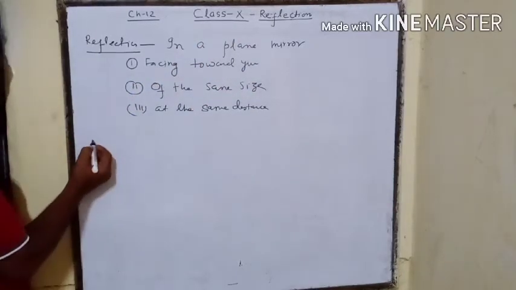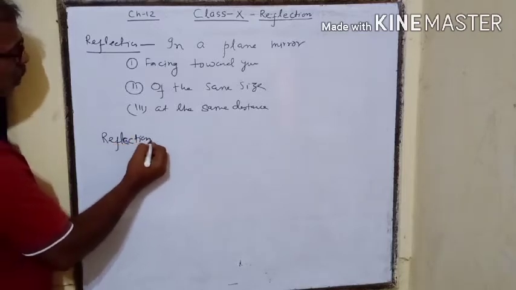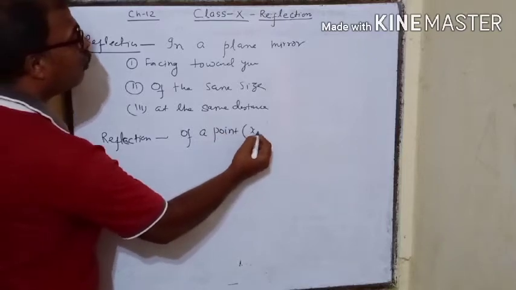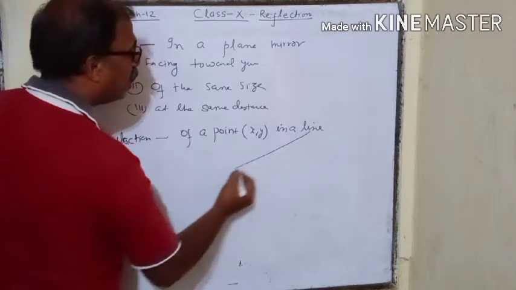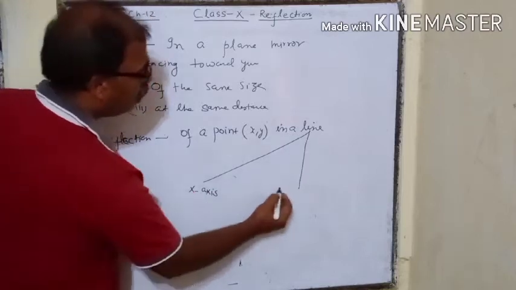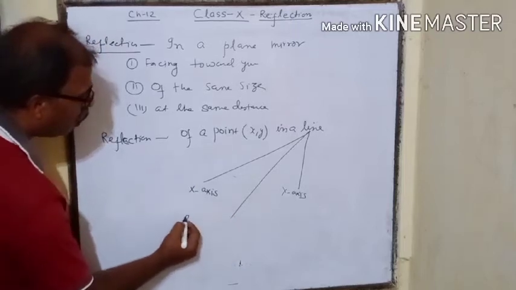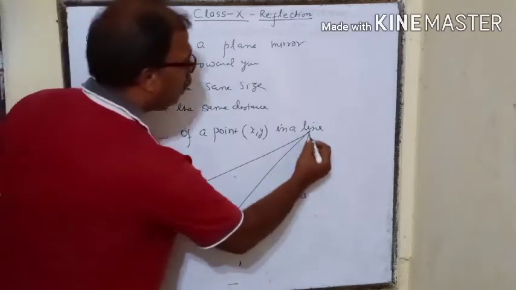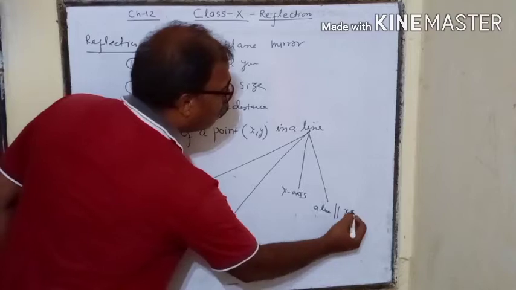So we are going to read how reflection will take place of a point whose coordinate is known to you in a line. This line can be the x-axis, the y-axis, a line parallel to the x-axis, or a line parallel to the y-axis.